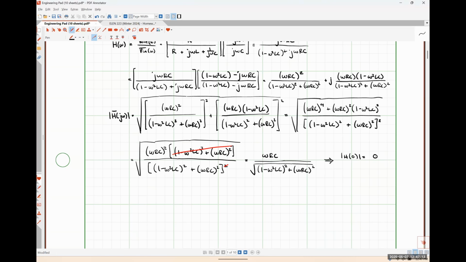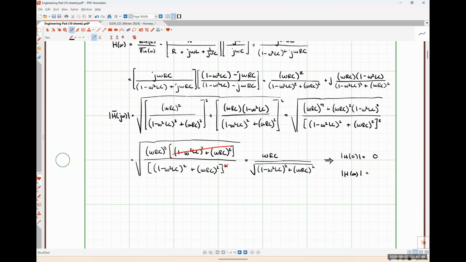And then for high frequencies, we are going to have a numerator of infinity. Omega squared times LC is going to be much, much larger than 1, so we can just throw that away. Effectively, we're going to have infinity to the fourth power plus infinity squared, which looks like infinity to the fourth power.